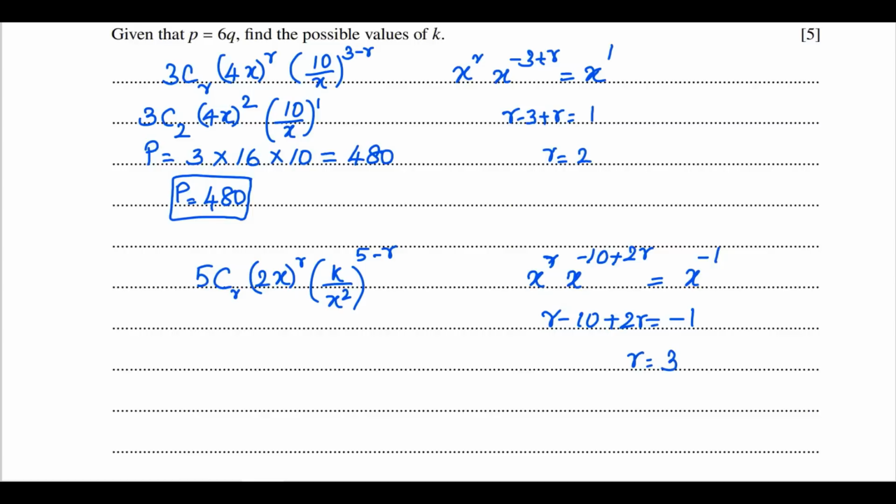So substitute r equal to 3 in this case. So 5c3 2x power 3 multiplied by k over x square. The power is 5 minus 3, which is nothing but 2. Okay.